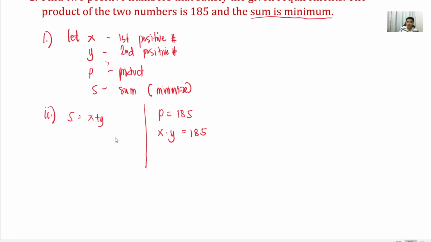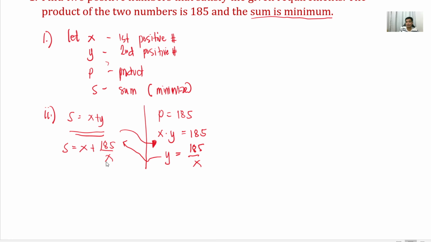So gawin ko tong one variable class in terms of this. Kukuha tayo dito. So, pwede kong gawin class na si y is equal to 185 all over x. Tama ba? Then, bumalik ka ngayon doon sa i-minimize natin. Palitan na natin si y in terms of x. So, sum now class is equal to x plus si y, which is 185 all over x.